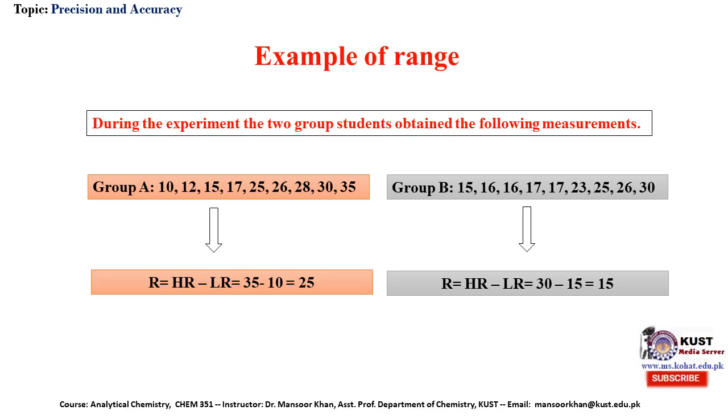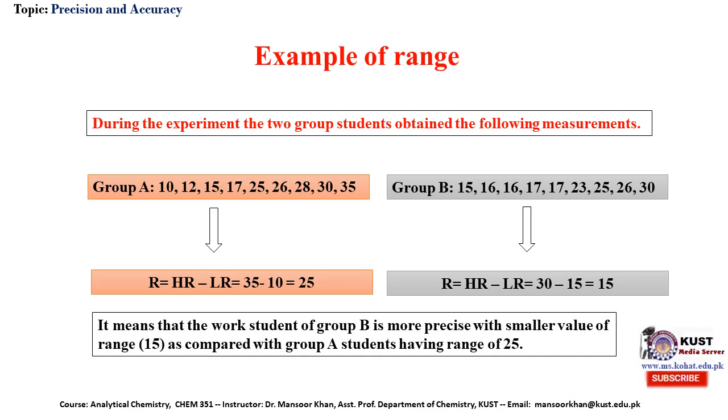It can be concluded that the data of the students of group B is more precise as compared to the data of the students of group A, because the range value of group B is 15, which is less than the range of 25 for group A. It means that group B is more precise, with a smaller range of 15 compared with group A having a range of 25.